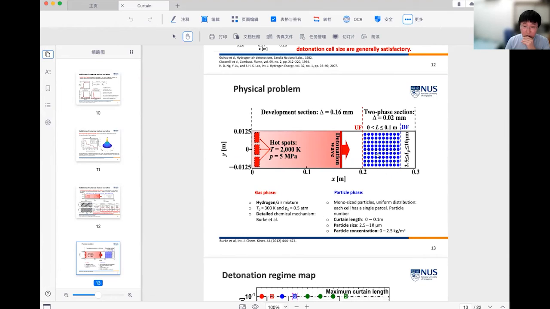Here we set that each cell has a single particle, and the particle number in a single particle can determine the particle concentration. Particle size is from 2.5 to 10 micrometers, and the particle concentration is no more than 2.5 kilograms per cubic meter.